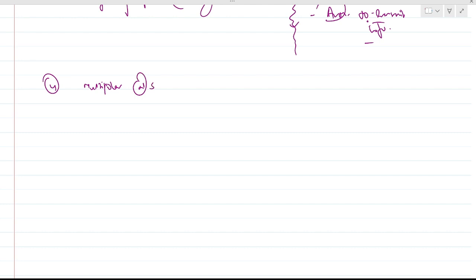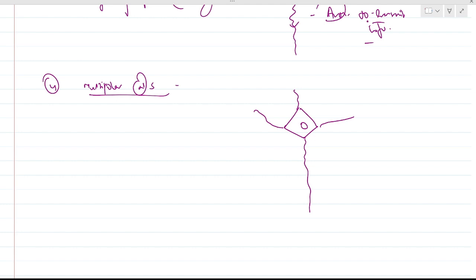Multipolar neurons. As we have known from the spelling, we will have multiple dendrites for receiving information, but a single axon to transmit.